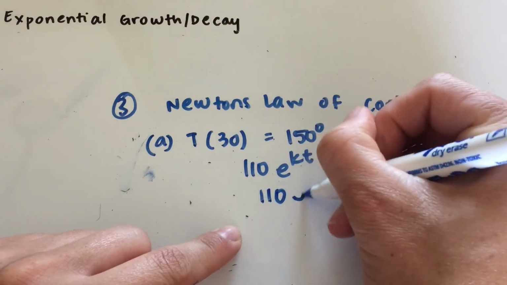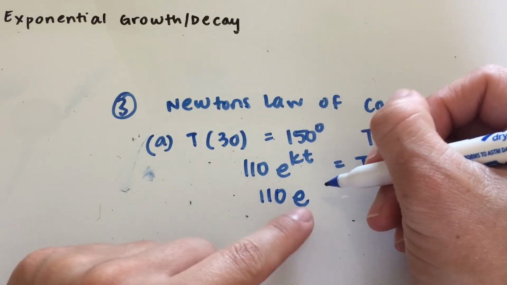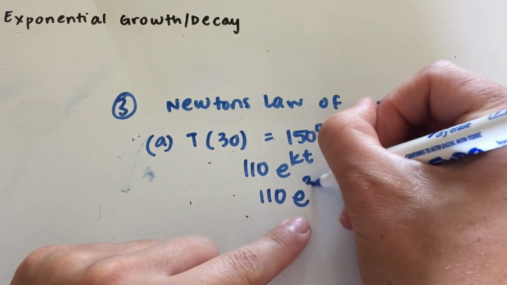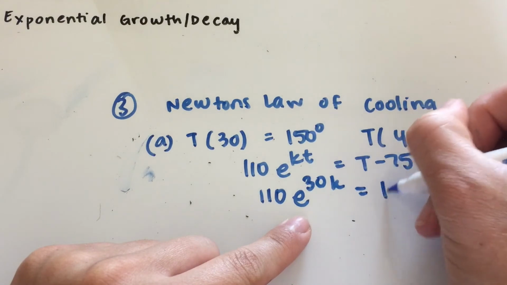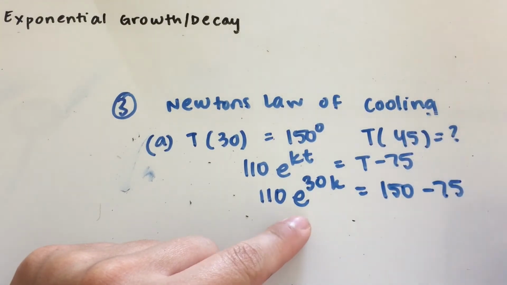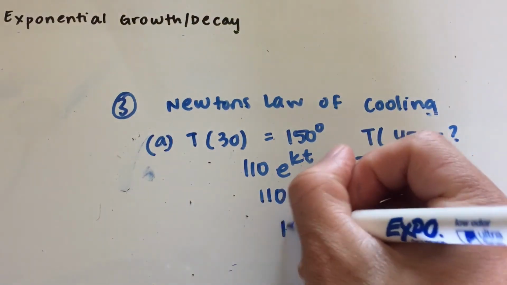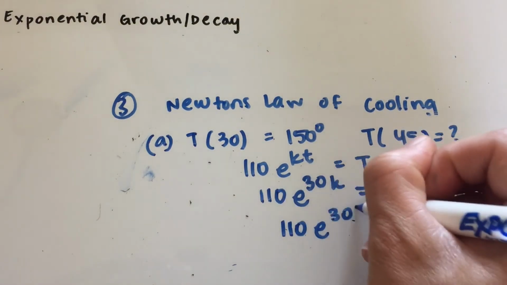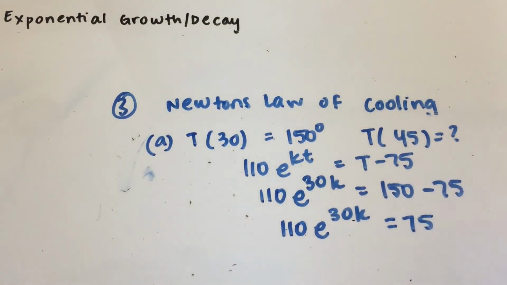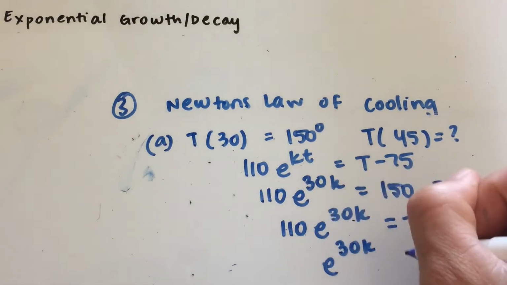So we get 110 e to the 30k equals 150 minus 75. That gives us 110 e to the 30k equals 75. And we can divide 110 from each side.